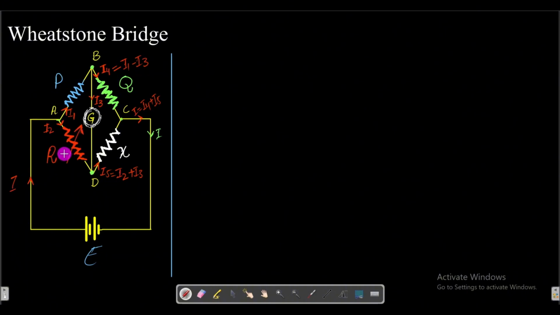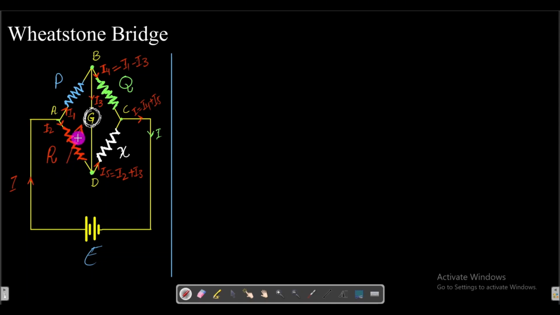We will increase or decrease its resistance, and our aim is to zero the current which passes through this galvanometer. The increase and decrease of the current I3 depends on the current I1, and the increase and decrease in the magnitude of the current I1 depends on the current I2.